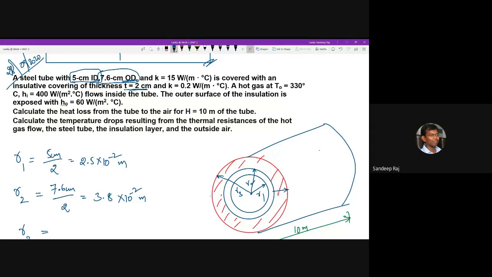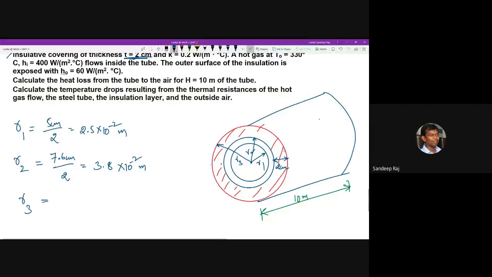See, the thing is, here this thickness is given as 2 centimeters. The thickness of the insulation that is over the steel tube is given as 2 centimeters. So if I have to get the radius here, it is R2 plus 2 centimeters. So what is R2?